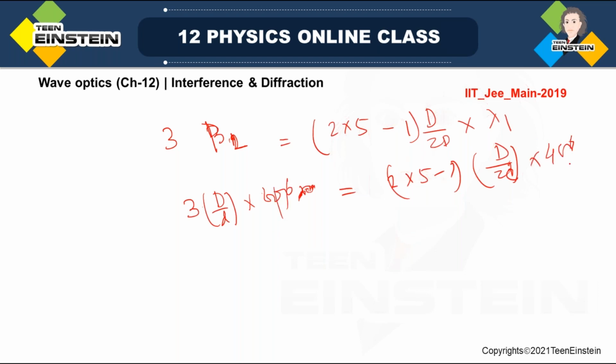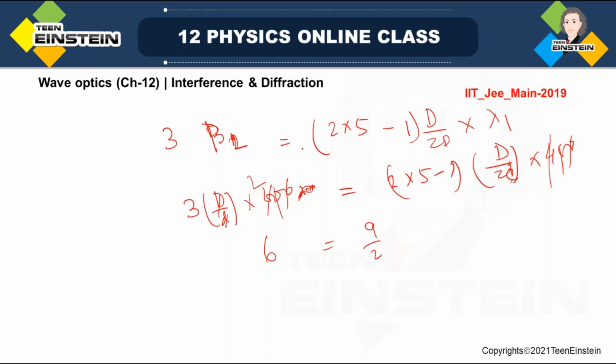From both sides the D by d will go away, and the 2 and 6 remain. This is 9 by 2. So this is also not a true option, because both sides are not equal.